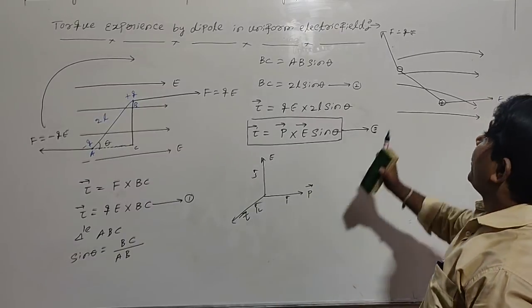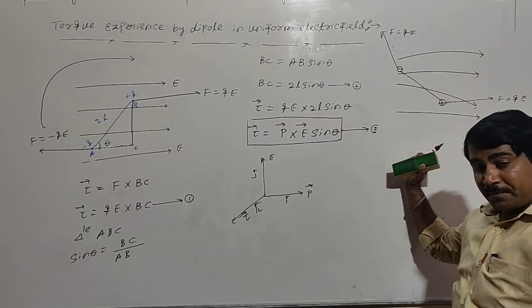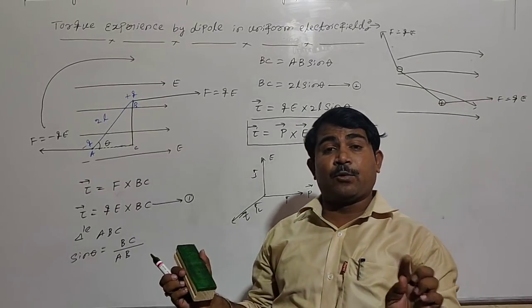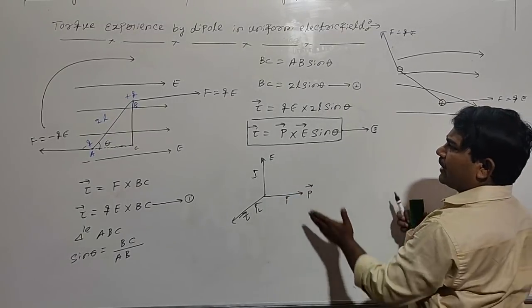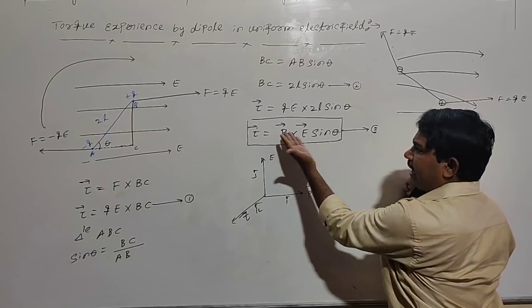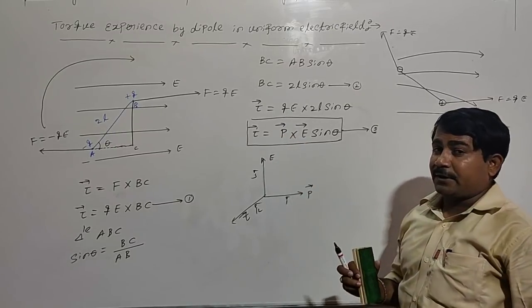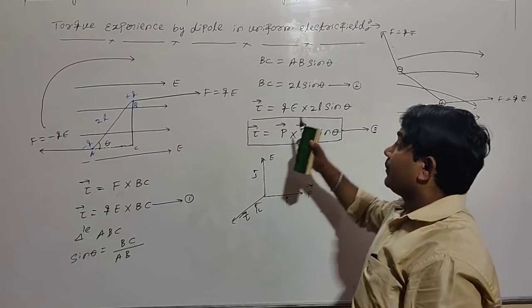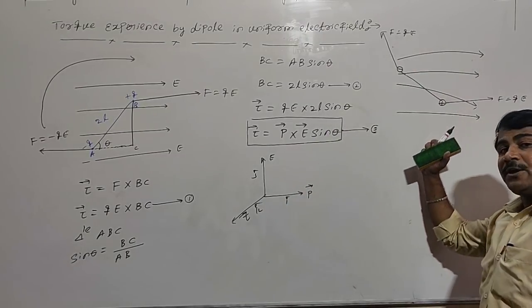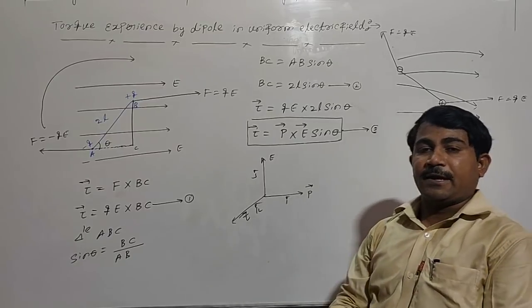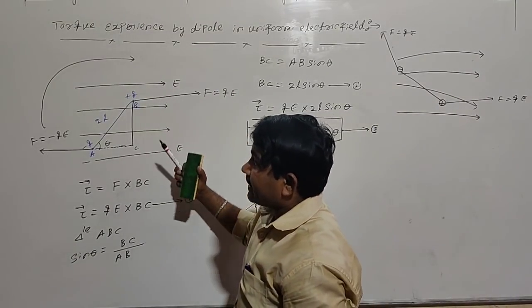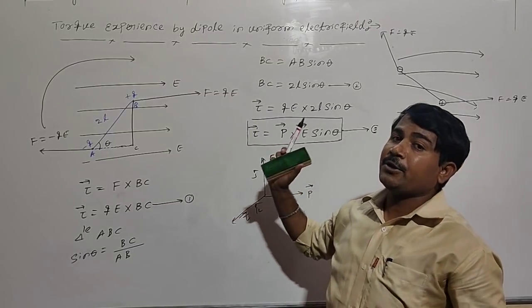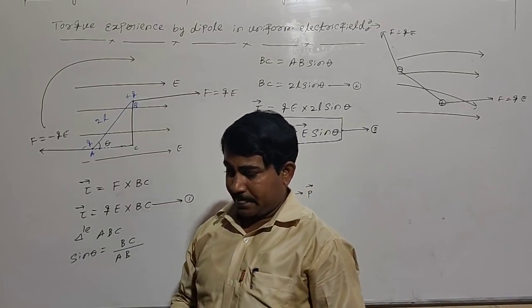That's why when a dipole is placed in a non-uniform electric field, it experiences both force and torque. And the torque also depends on the product of electric dipole moment, electric field intensity, and the direction in which the dipole is placed in a uniform or non-uniform electric field intensity.